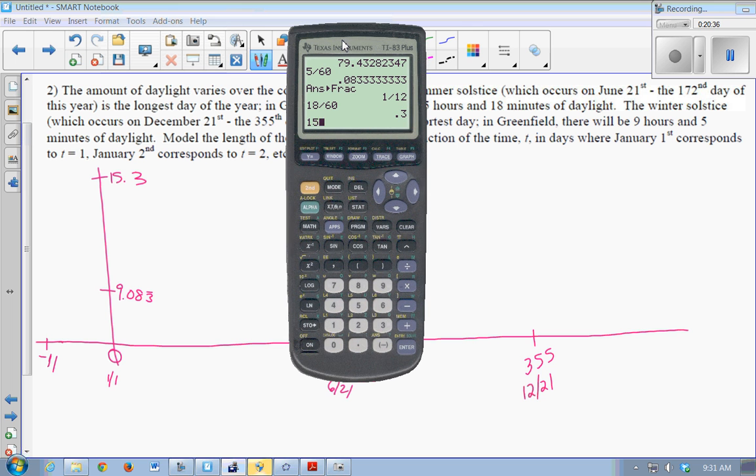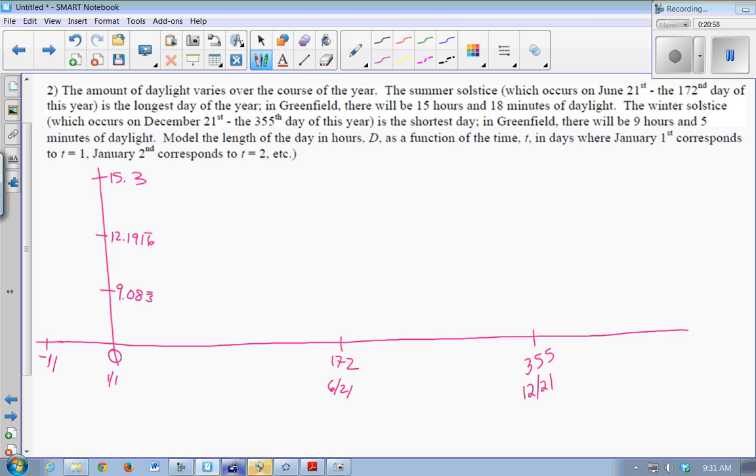So 15.3 plus 9.08 divided by 2 is 12.1916 repeating. I'm not trying to write the formula, and I'm not even trying to draw it yet. I'm just putting in all the important numbers on the axes.